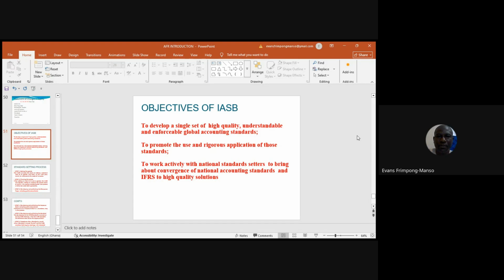Then they iron out the differences and have one unified treatment for that item. That is why they said to work actively with national standard setters to bring about convergence of national accounting standards and IFRS to high quality solutions.